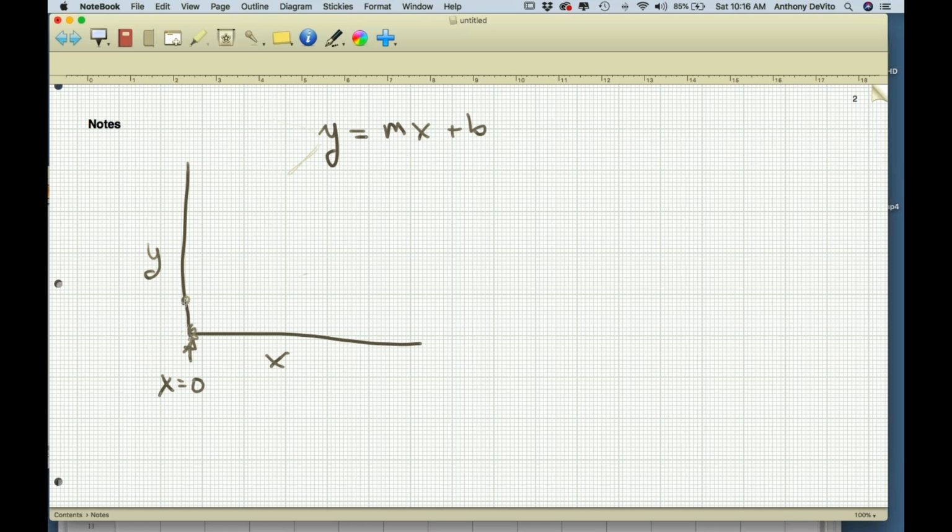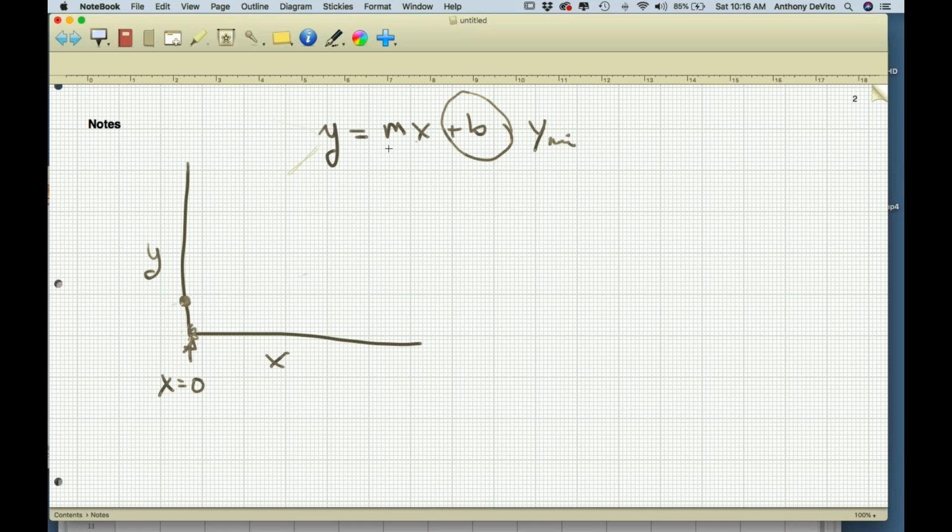So when x is equal to 0, y is equal to this value, this height. Y is equal to mx plus b. If x is 0, then all we're left with is the y value. That's the y-intercept, right? So we know it goes through that point.